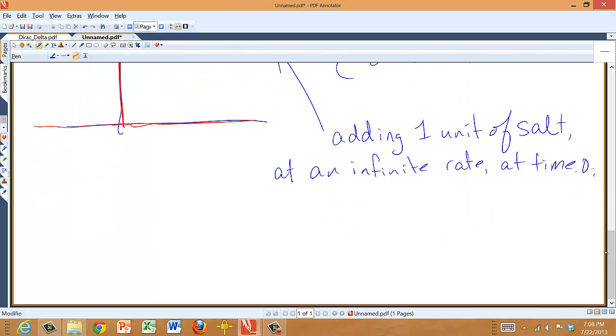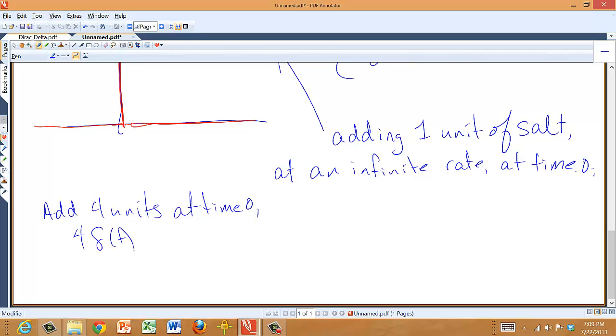Okay, now if you wanted to add, say, 4 units of salt at an infinite rate at time 0, well, if you went back and worked through this, you'd see that you just need to add 4 delta t.